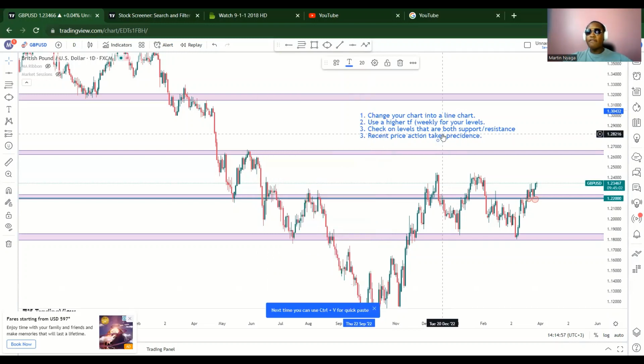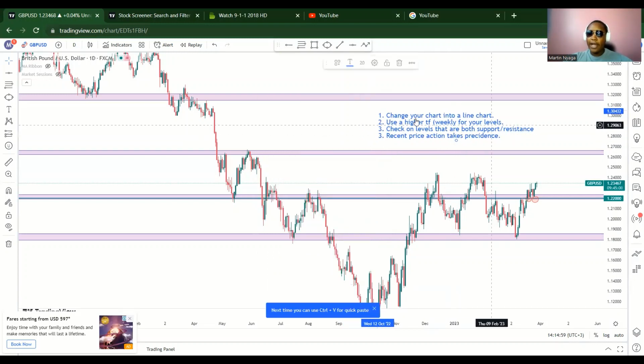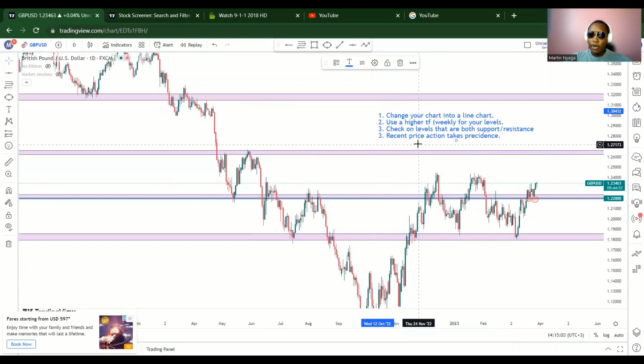So if you just have these 4 guidelines: change your chart into a line chart, use a higher time frame, I recommend the weekly for your levels, and check whether the levels are both support and resistance, then recent price action may take precedence over the current level. As you can see here, it's respected again and again.